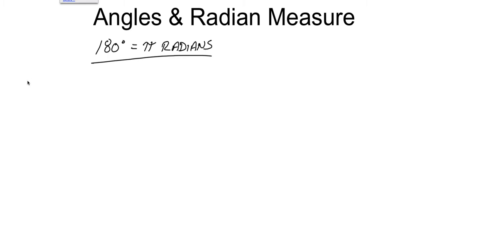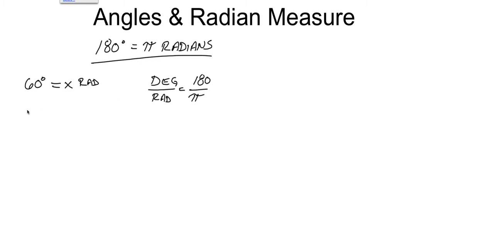So if we had something like 60 degrees and we want to know how many radians that is going to equal, all we're going to do is set up a proportion. It's always going to be compared to 180 degrees, so we're going to use degrees over radians is equal to 180 degrees over pi radians.